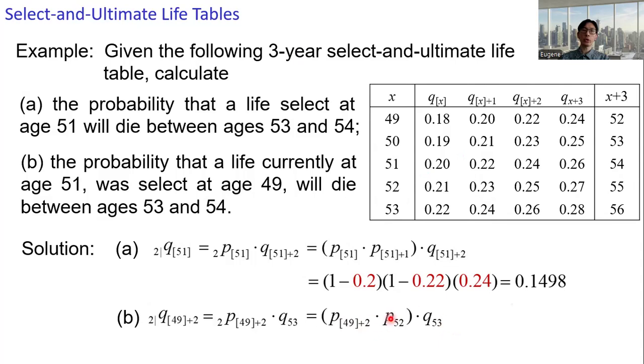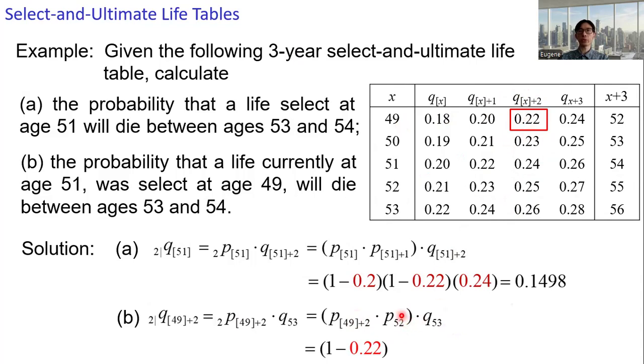Age 52 is already beyond the select period. So get back to the ultimate value. We need p49+2. So we have value corresponds to this column, qx+2 at x equals 49. So we have 0.22 here.